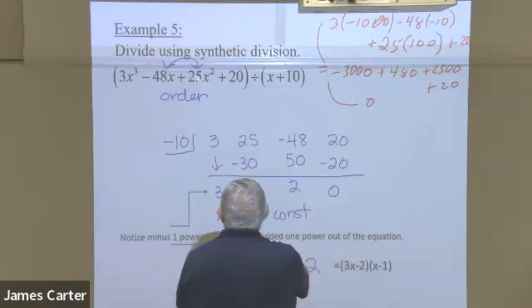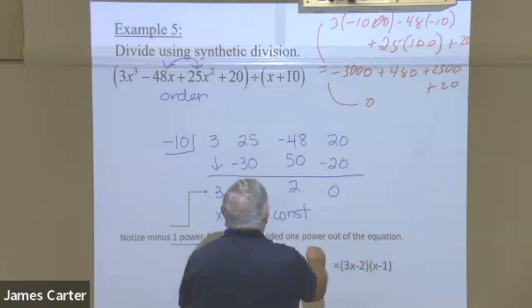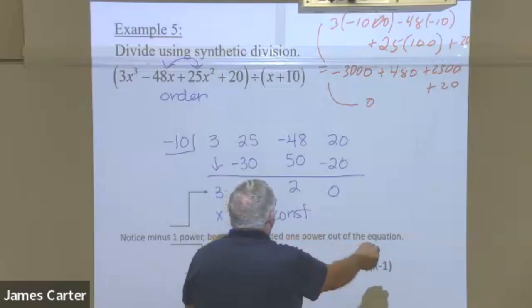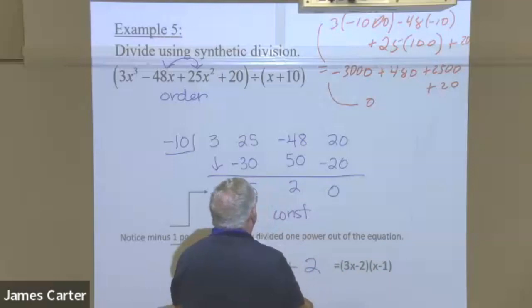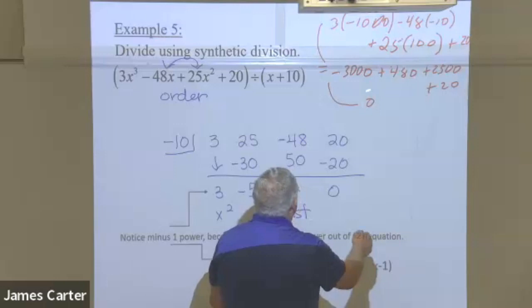Then I'm going to take 25 times negative 10 squared. And then I've got the plus 20 on the end. Now, these simplify, and it shows that I have a 0.